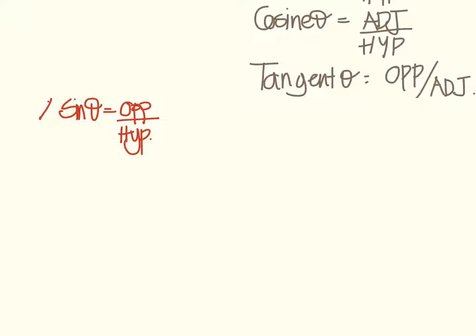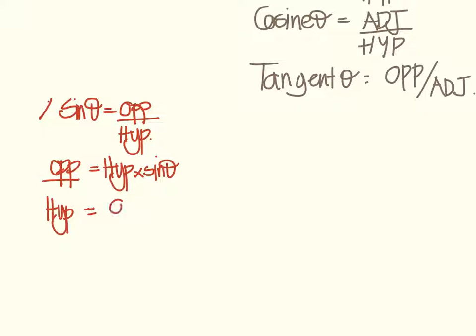If you want to find the length of the opposite side, then it is equal to the length of the hypotenuse multiplied by the sine of theta. And if you're trying to find the length of the hypotenuse, then it is equal to the length of the opposite side divided by the sine of theta.